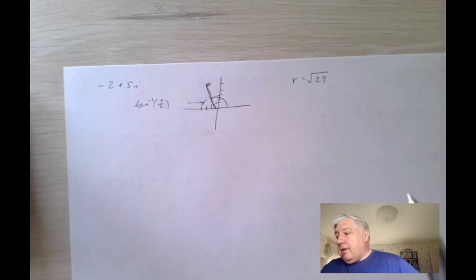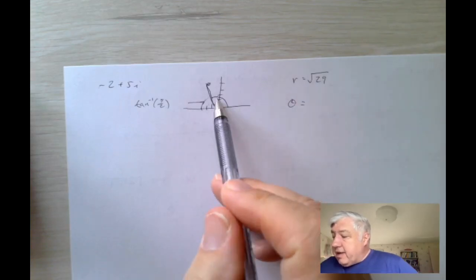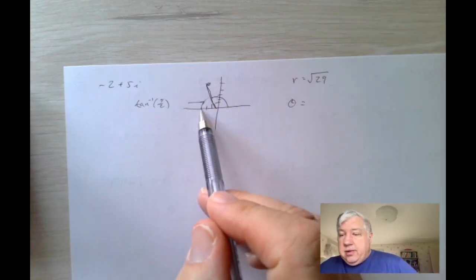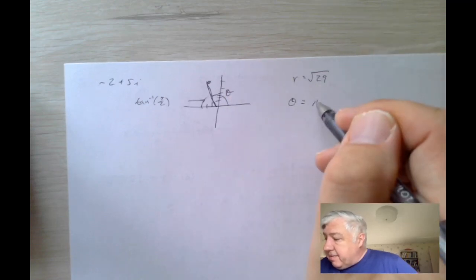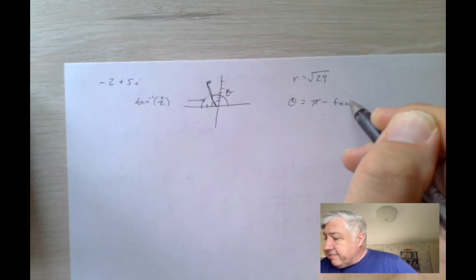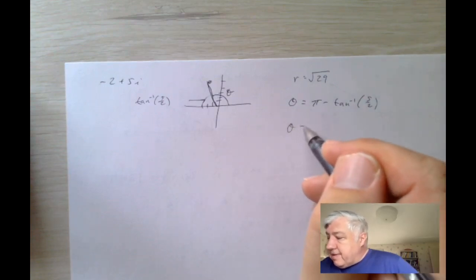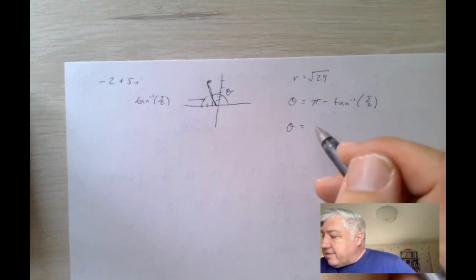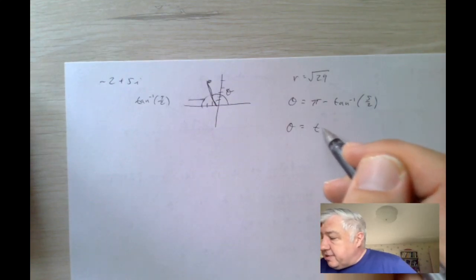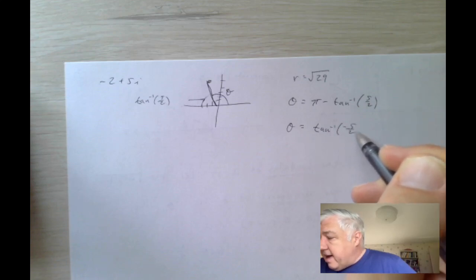Okay. So theta is going to be, well, this angle plus this angle is pi. So if this is theta, theta is going to be pi minus the inverse tangent of 5/2 in this case. You could also say that this would be the inverse tangent of negative 5/2.